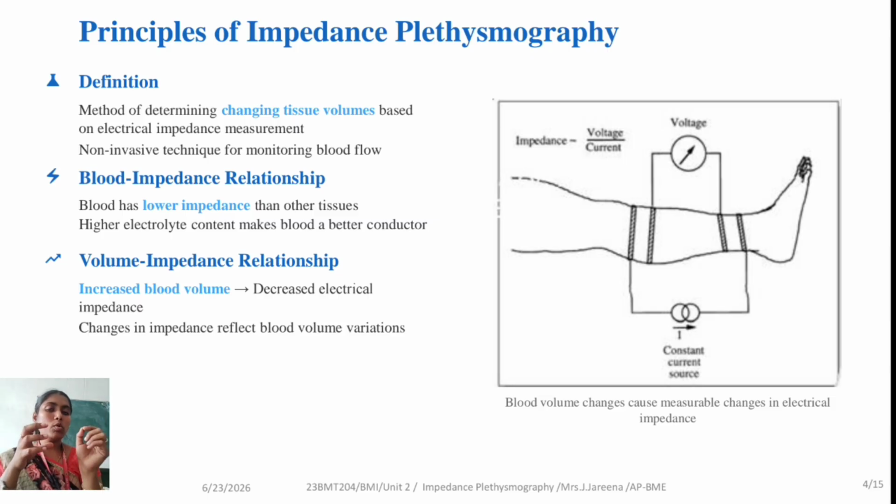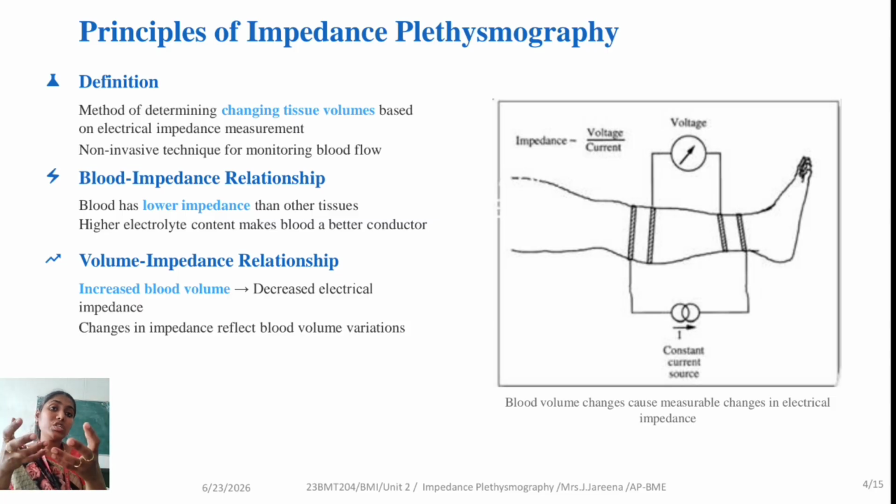Here we measure the blood volume changes by means of impedance, which is why it is called impedance plethysmography. This is a non-invasive technique. We are not going to puncture your blood vessels or have any direct contact with them using a catheter and so on. So how does it work?